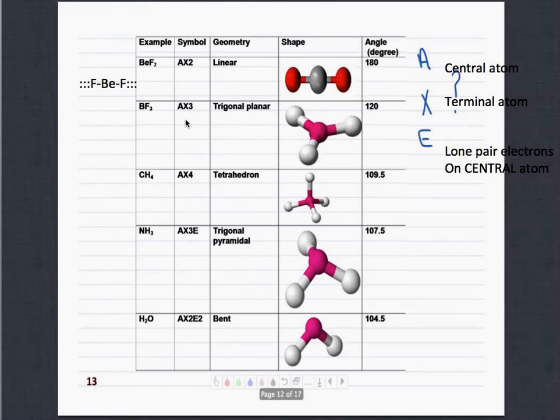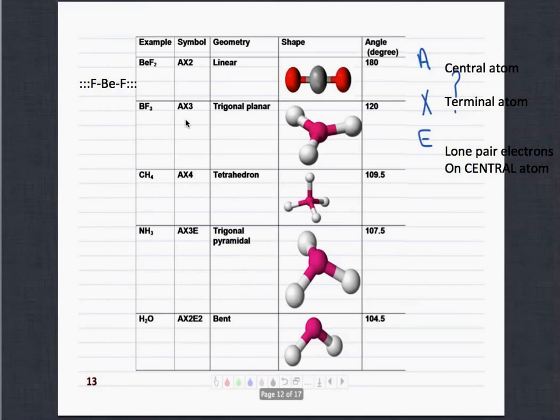So the VSEPR symbol for this Lewis structure is AX3. For any molecule that has AX3 as a VSEPR symbol, the best arrangement so that the bonds are far away from each other with the least repulsion is trigonal planar, where the angle between the bonds, this angle right there, is 120 degrees. This is the case for any Lewis structure that ends up with AX3.